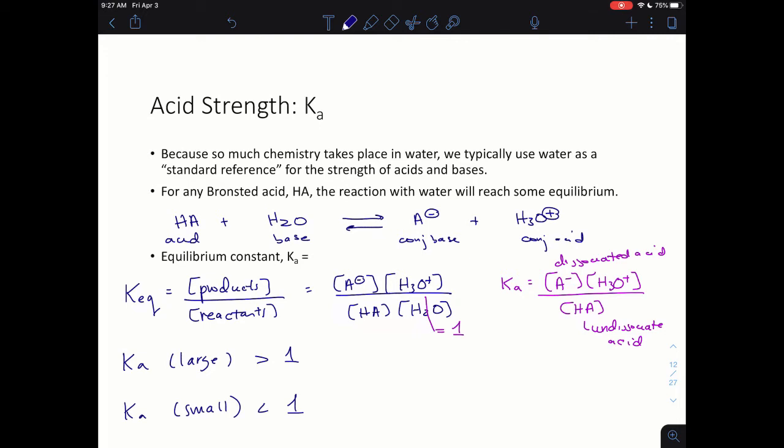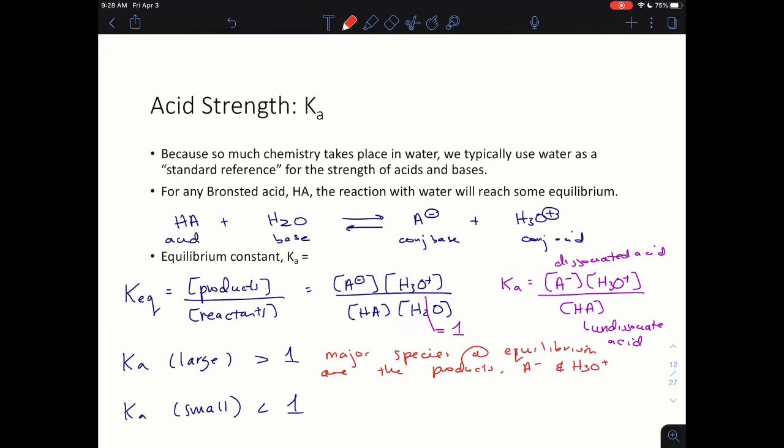So for a large Ka, a Ka that is greater than 1, that means that the numerator is bigger than the denominator. So the major species at equilibrium is the products, so the dissociated acid and hydronium.